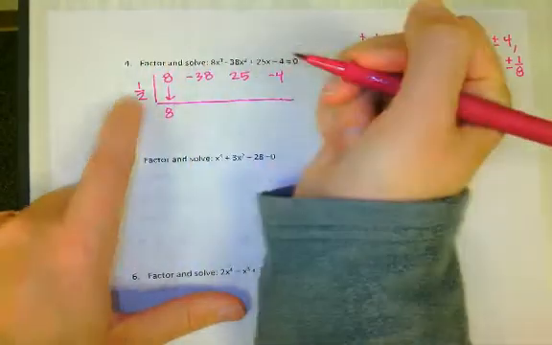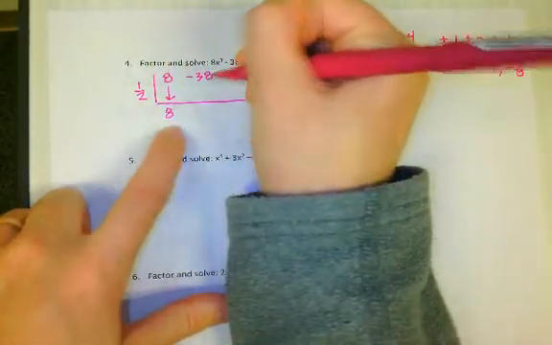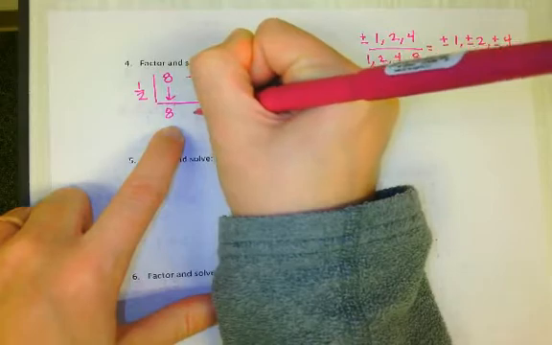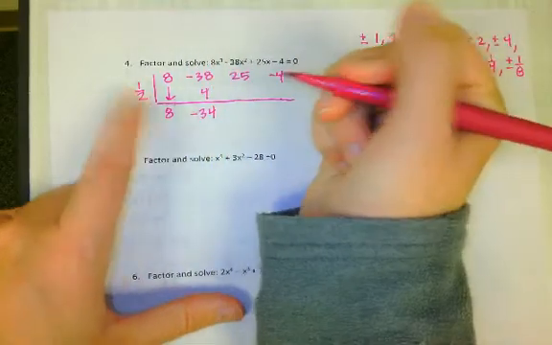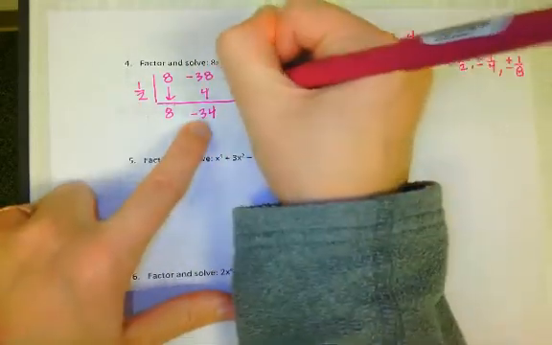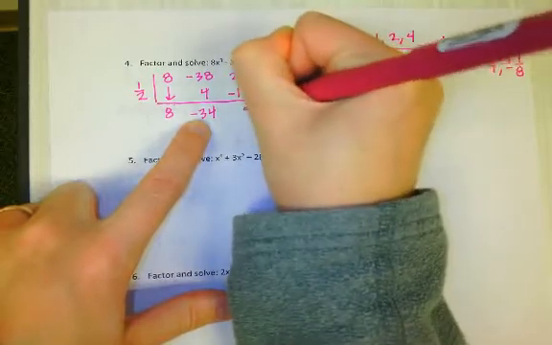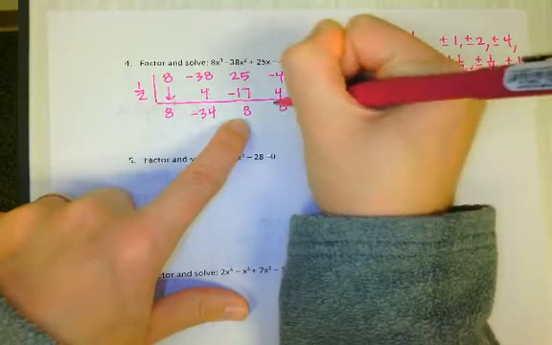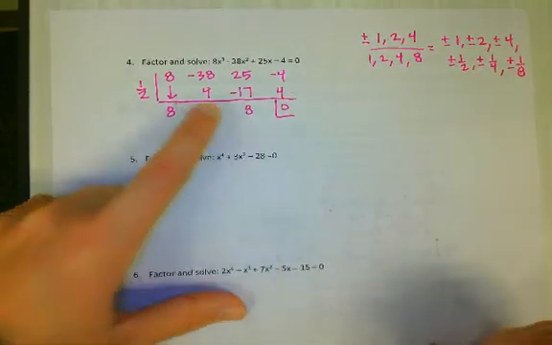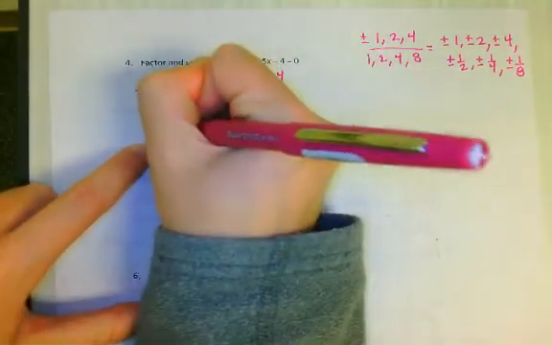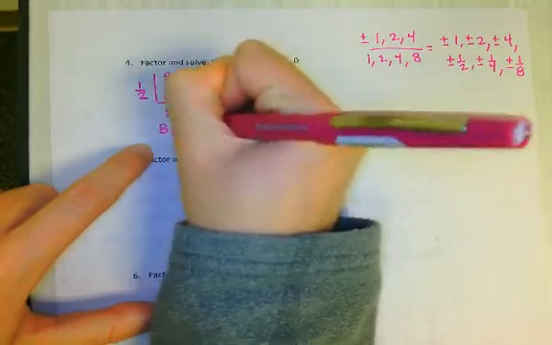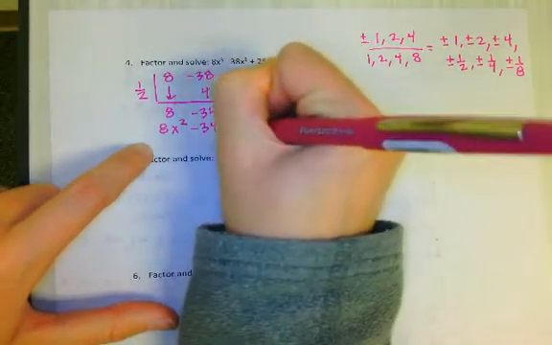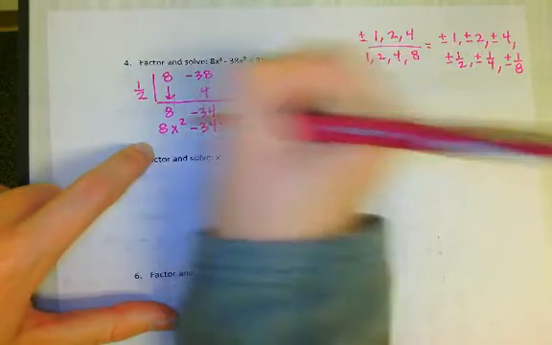So bring that 8 down. A half of 8 is 4, and add straight down. Half of negative 34 is negative 17, and half of 8 is 4. Okay, so I'm left with 8x squared minus 34x plus 8.